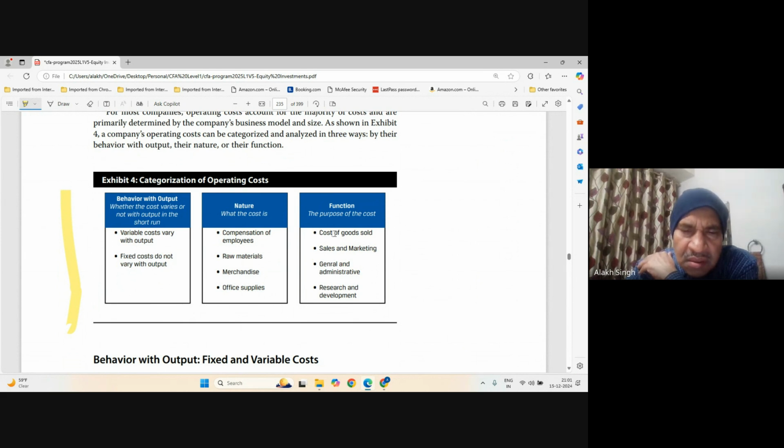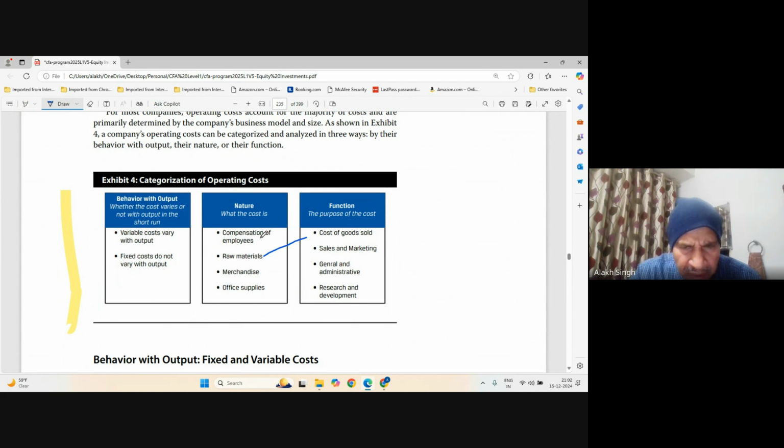By function, cost of goods sold. This also we write. Raw material and cost of goods sold is the same thing actually. This one matches this. Sales and marketing. This one is additional cost, that is compensation to employees.